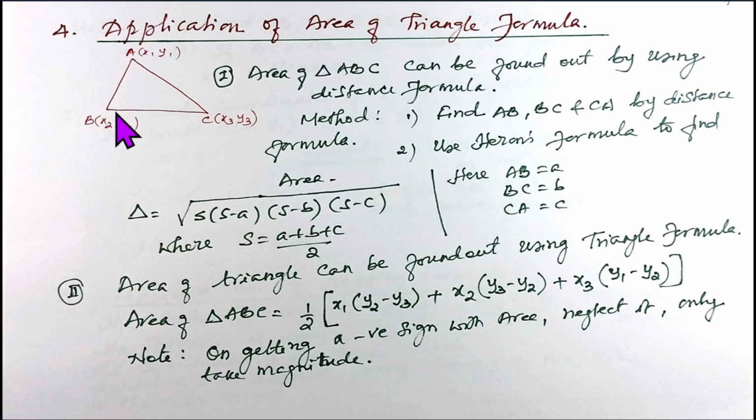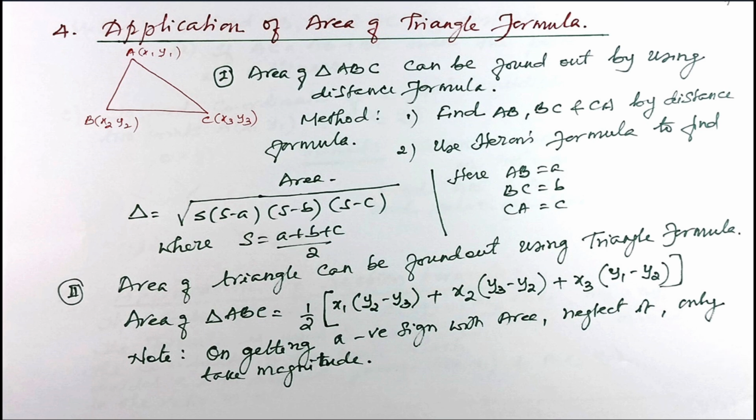Supposing AB is a, BC is b and AC is c, and knowing the three distances, use Heron's formula: area of triangle is equal to the square root of s(s minus a)(s minus b)(s minus c), where s is equal to (a plus b plus c) divided by 2. So knowing a, b and c and the semi-perimeter, we can use Heron's formula to find the area of a triangle. So that is the first method.